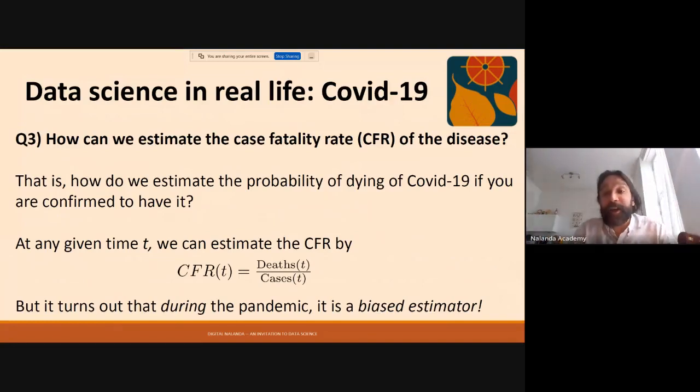So this estimator will give you the exact number at the end of the epidemic. So that is what we call an unbiased estimator. But during the pandemic, if we looked at any given time, the number of deaths at that time divided by the number of confirmed cases at that time, it turns out that in fact it's a biased estimator.